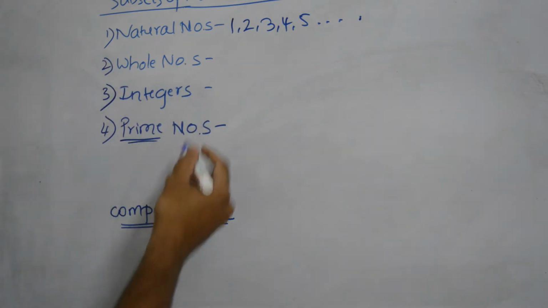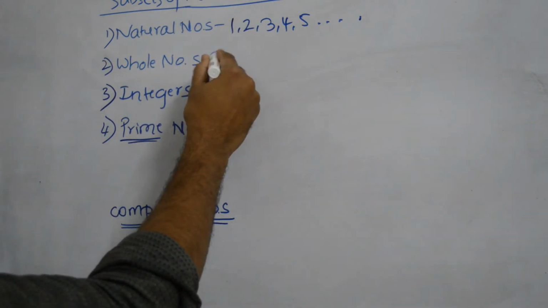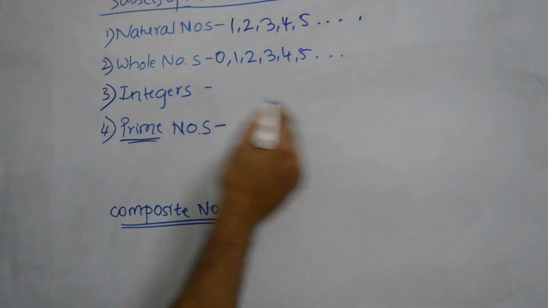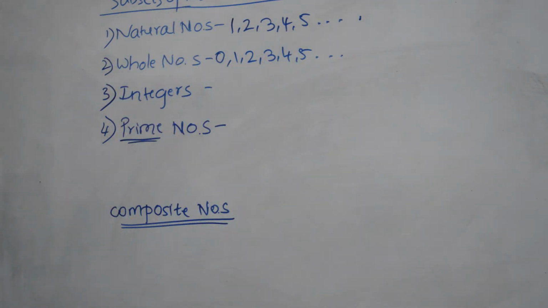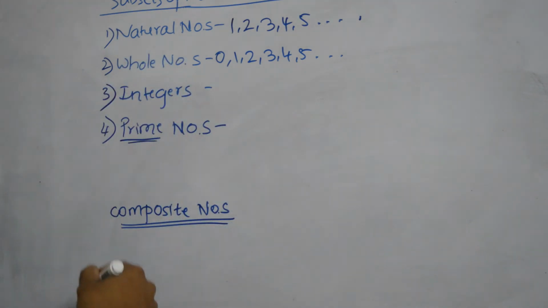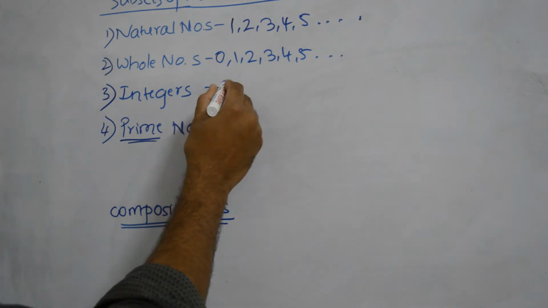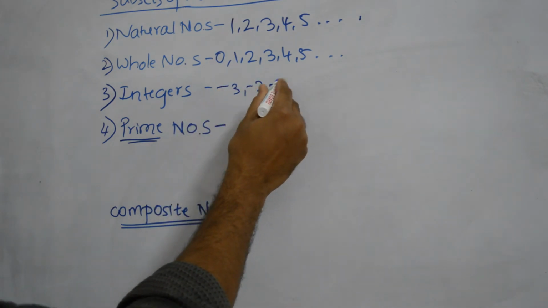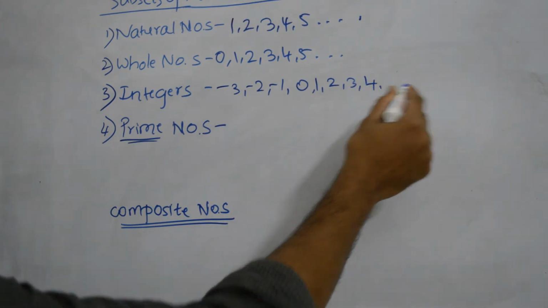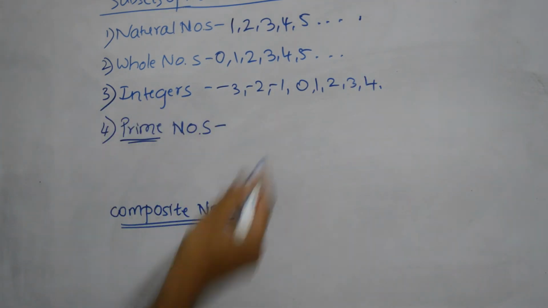And whole numbers are all the natural numbers including 0. And integers are all the negative numbers including whole numbers. For example, minus 3, minus 2, minus 1, 0, 1, 2, 3, 4, etc. These are all called integers.